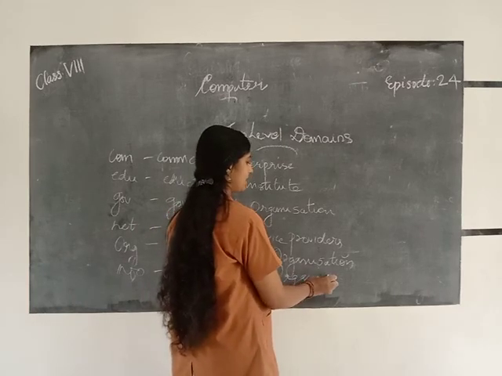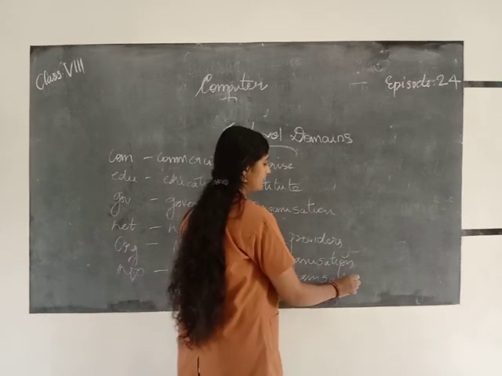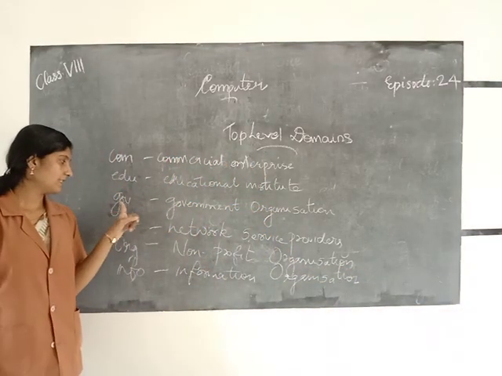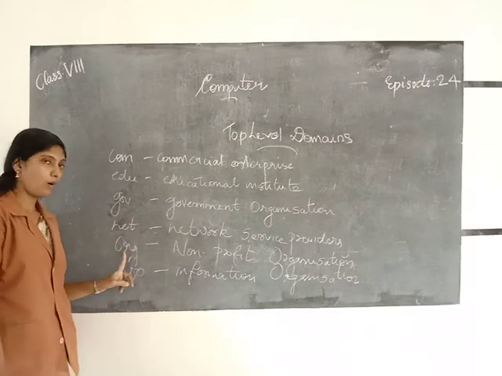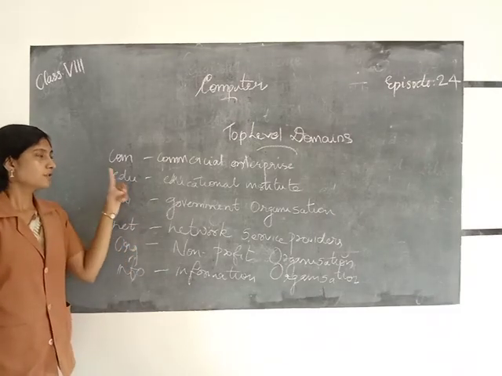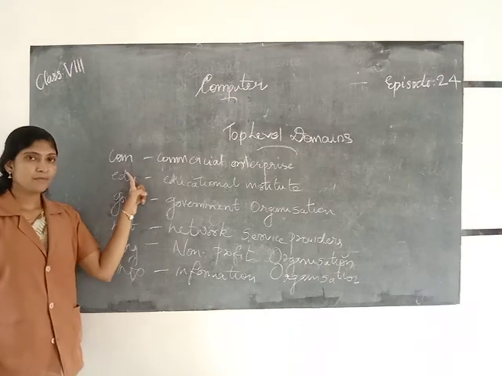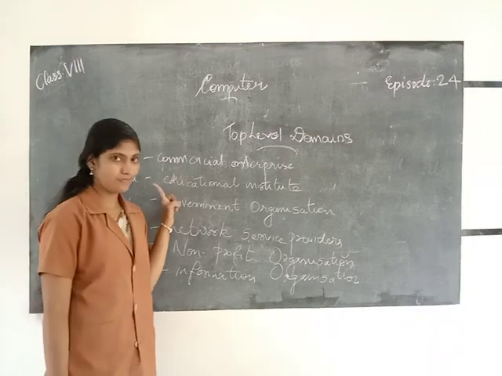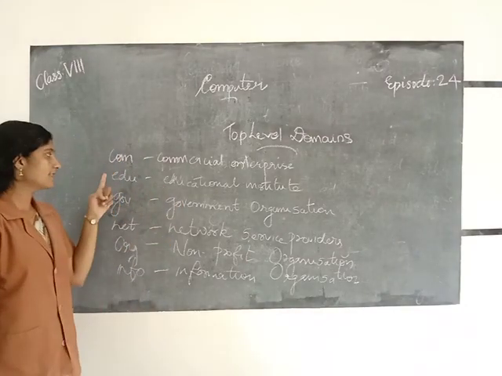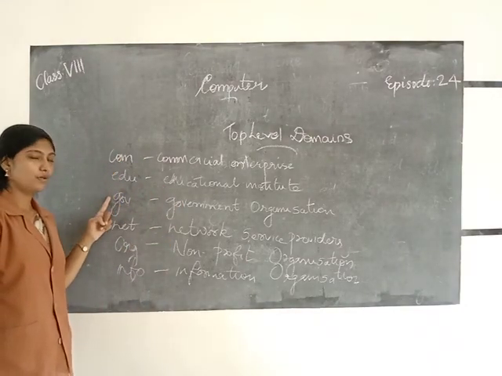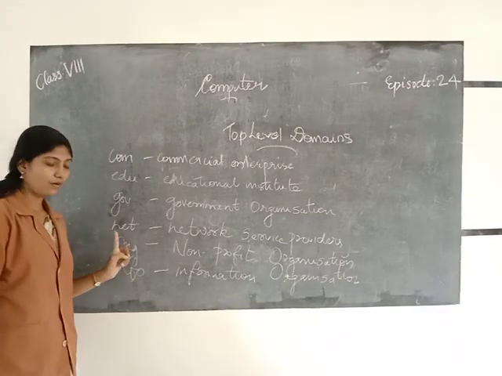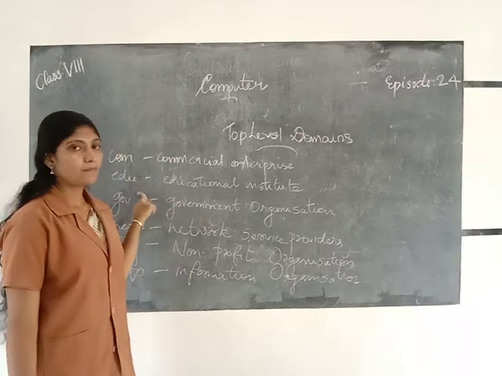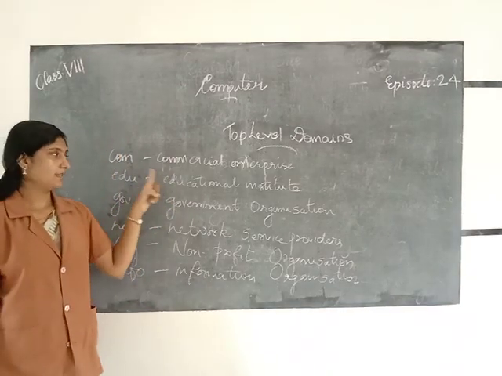So these are the basic common top level domains: com, edu, gov, net, org, info. The top level domain means the last component of the domain name. Each of these has its own purpose.